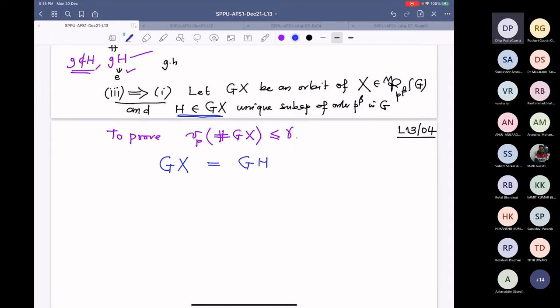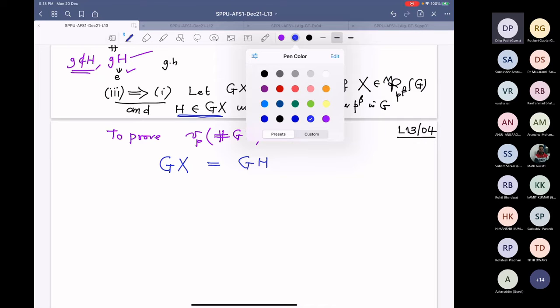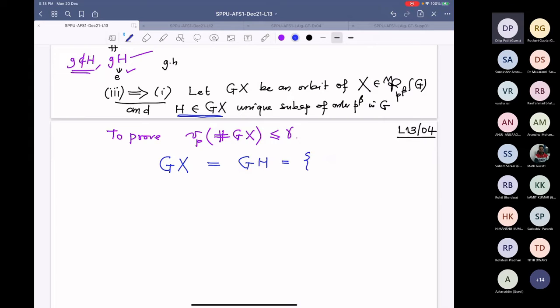If you have any group, any set where G is operating, and any orbit there, and if you take a different element in that orbit, the orbit of that different element is also the same orbit. Is that clear? Yes, sir. So this orbit Gx is the orbit of H, and the orbit of H is the left cosets.